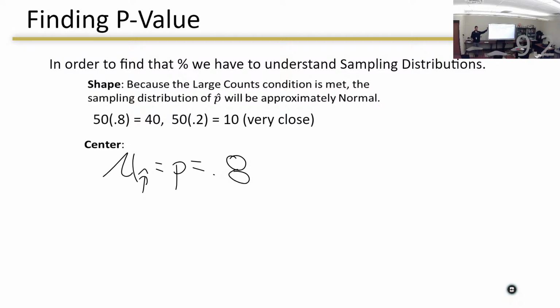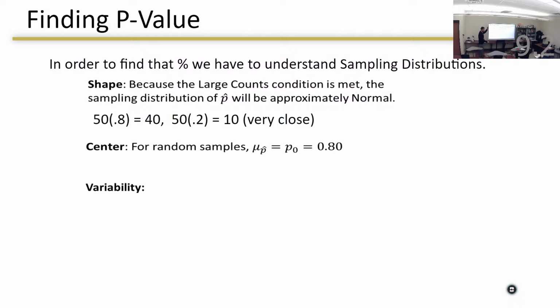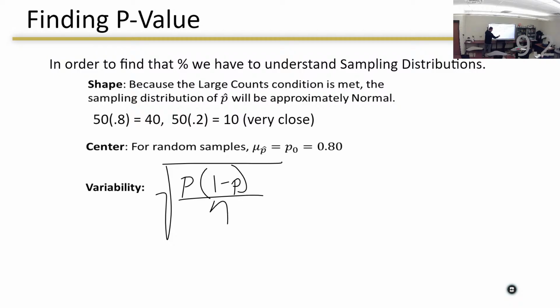You know that from chapter 7. So I know the center, I know the shape, and I know the spread, because the variability is the square root of p times 1 minus p over n. Again, not hats. If you know what p is, use it.